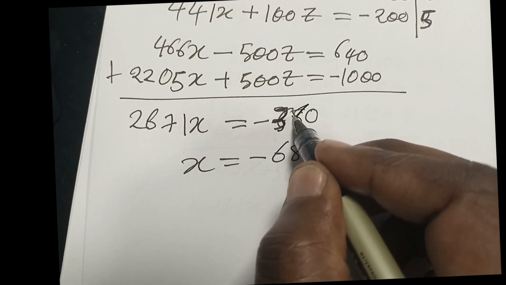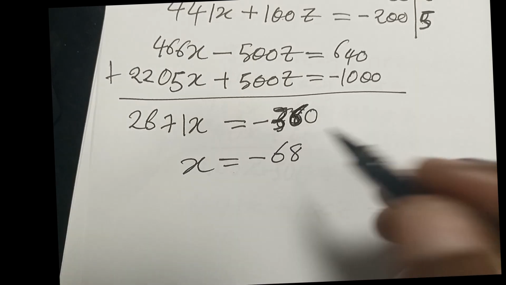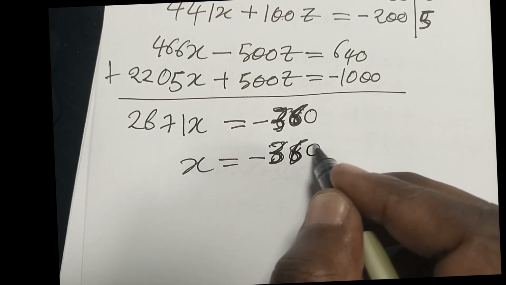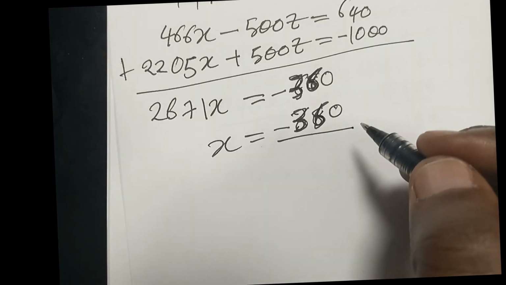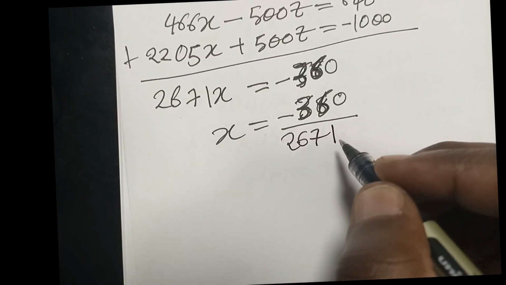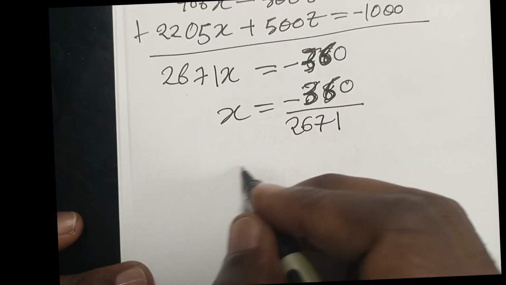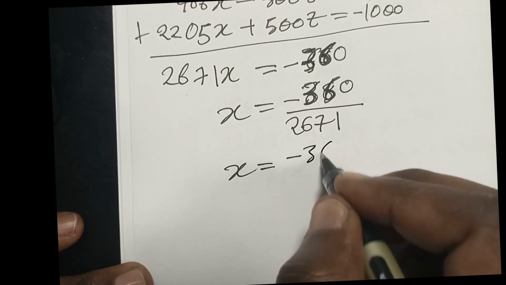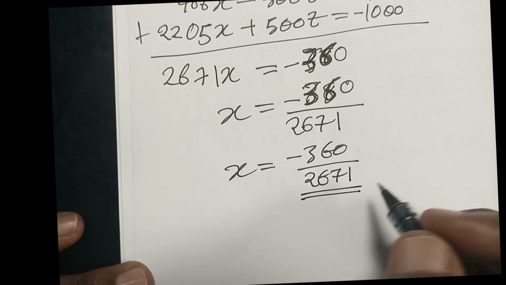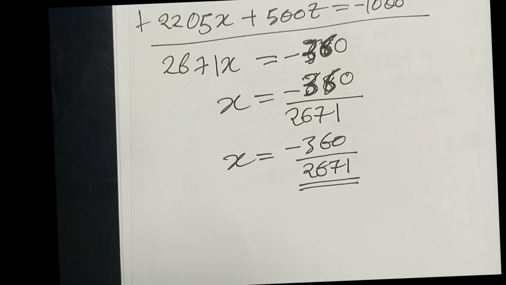Okay, 360 over this number, which is 2671. That is x is equal to negative 360 over 2671. Okay, this is the first solution for the x.